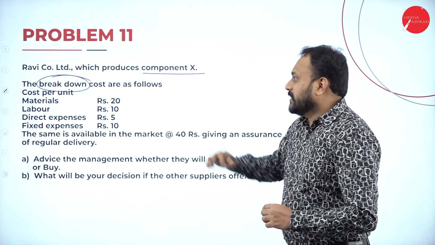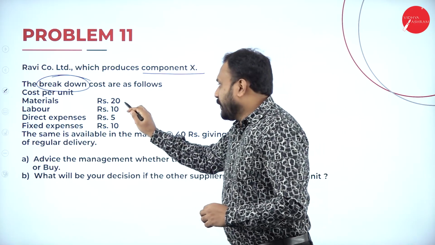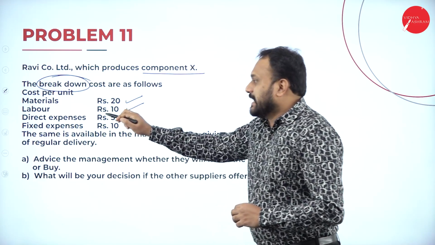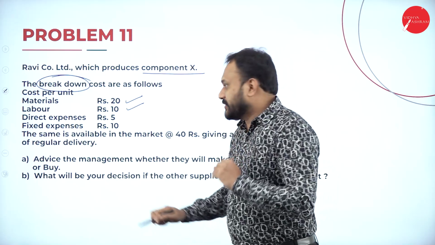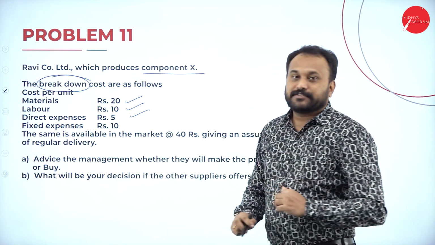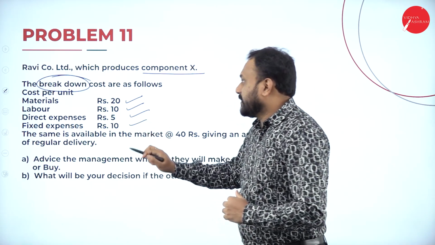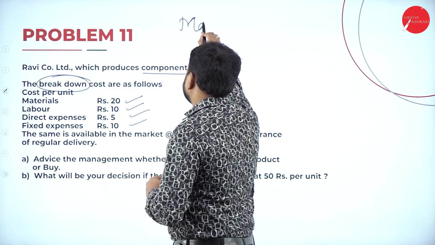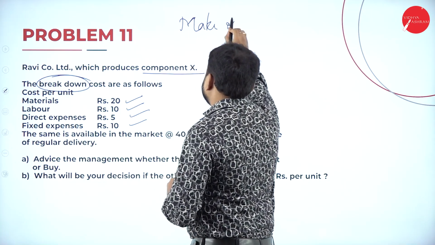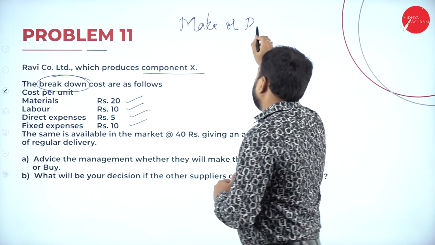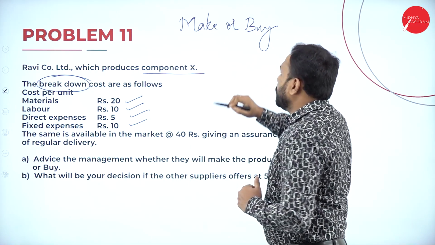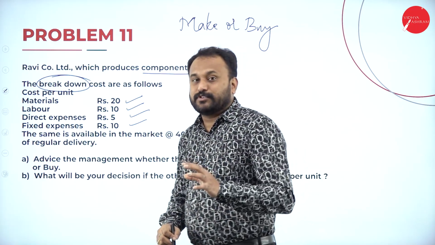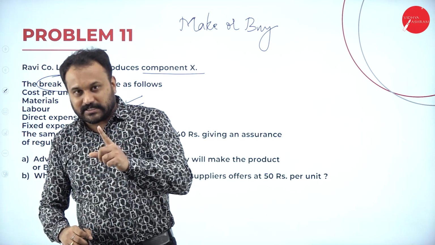So we have here materials rupees 20, labor is 10, direct expenses is rupees 5, and the last one is fixed expenses rupees 10. So I told you, whenever we go with the make or buy decision, we are not supposed to include fixed cost.